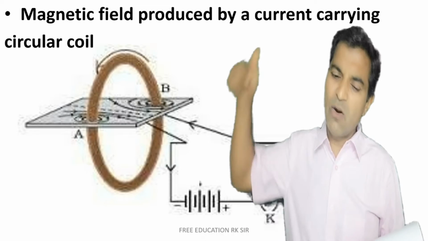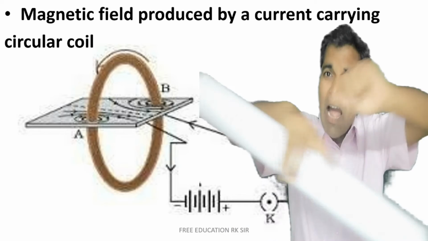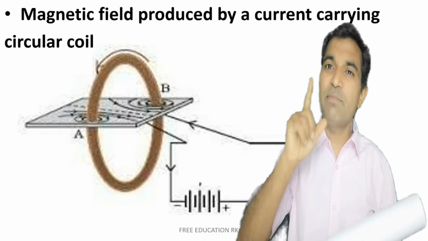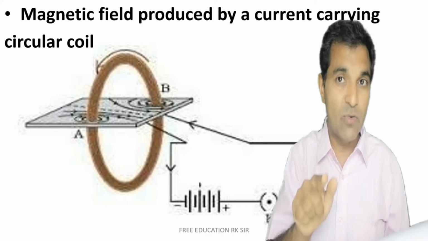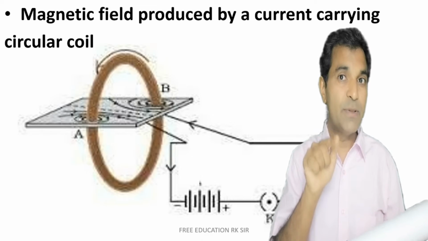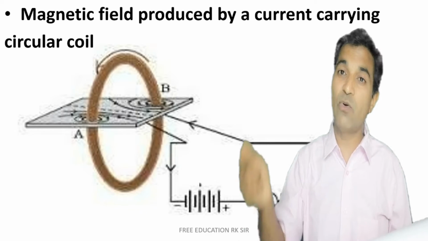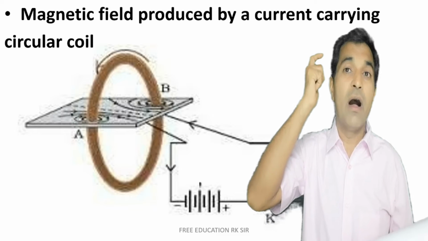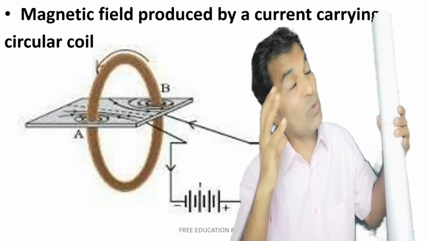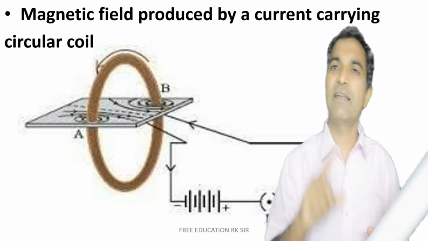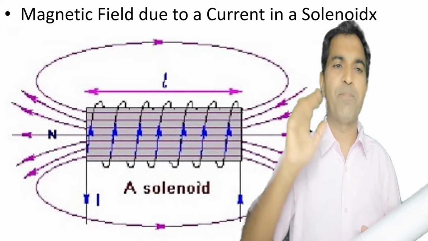For swimming, we will have to jump into the water. We will have to try on our own. The same thing is applicable here. If you want to learn the direction of magnetism and electricity, you will have to try to understand the concept with your own mind. You will have to visualize the concept for the direction, and then you will be able to understand.